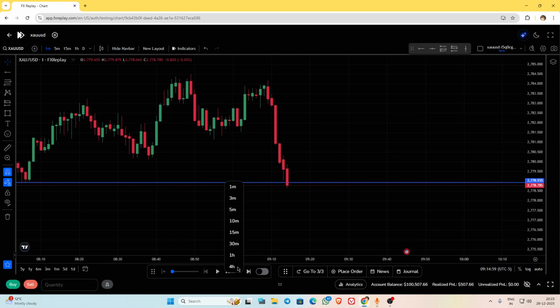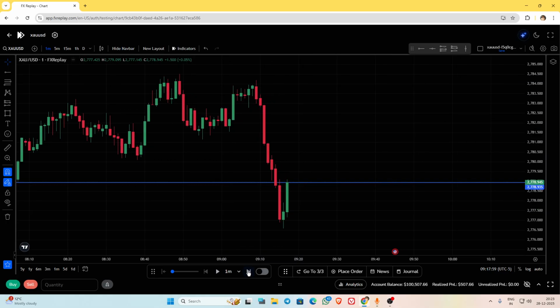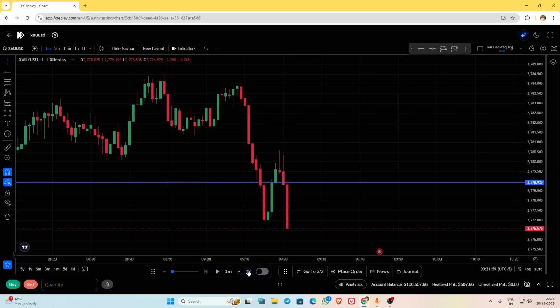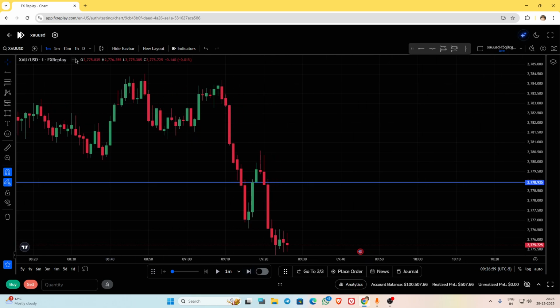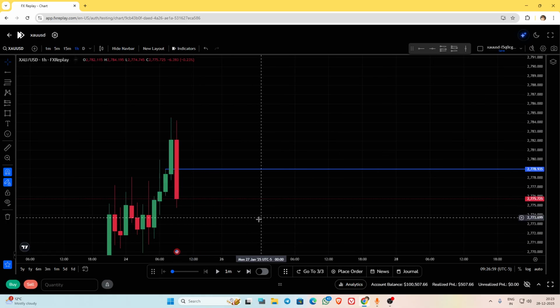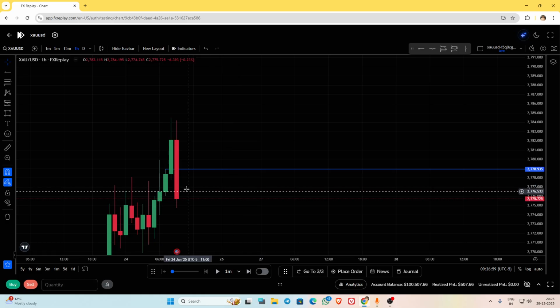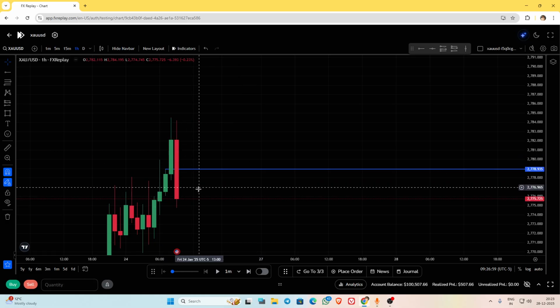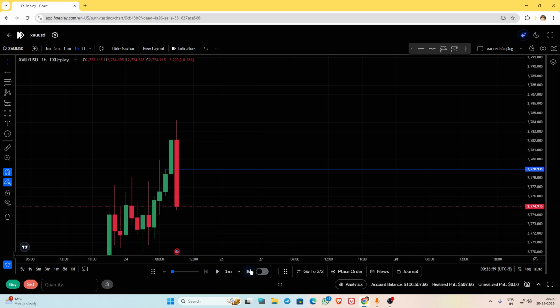Let's see if we find something here. We don't have a leg right now, so we need to have a leg here. Is there any other POI? No, we don't have a POI, and also we have come too much below this, so we will not take a trade in this candle. I'll wait.